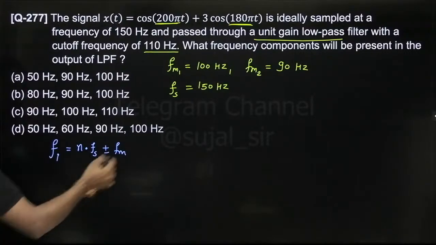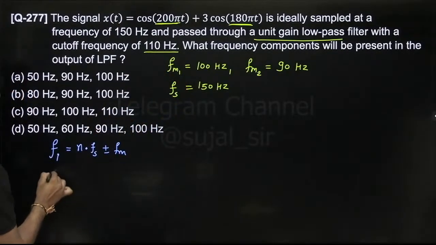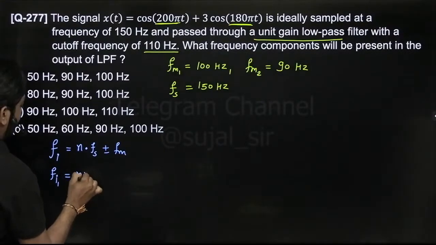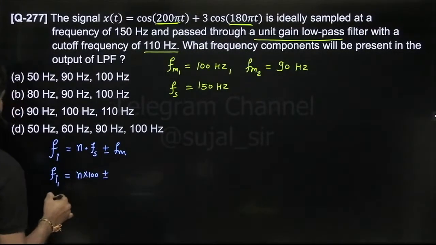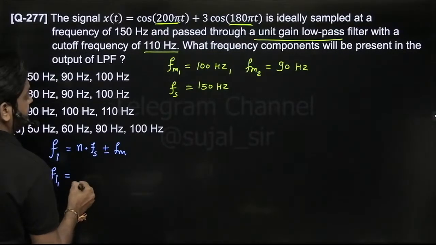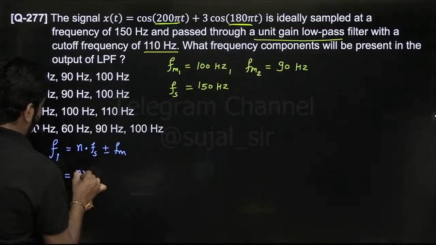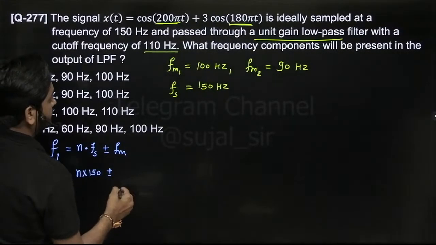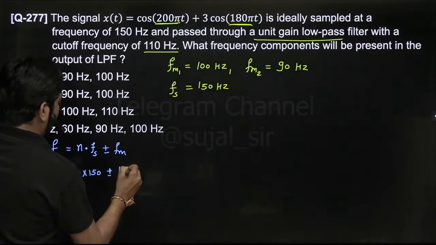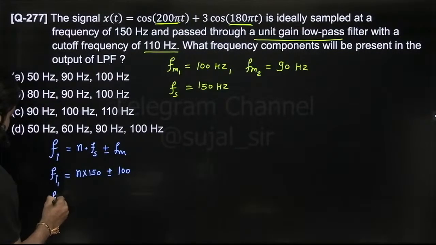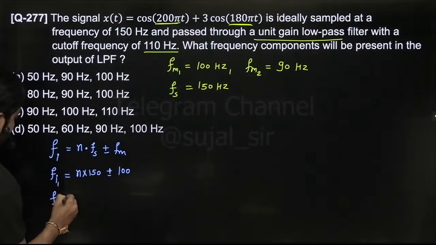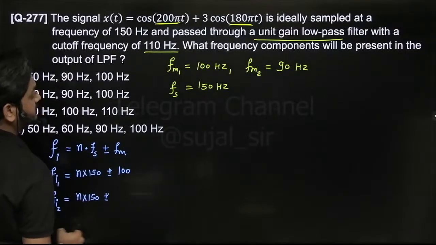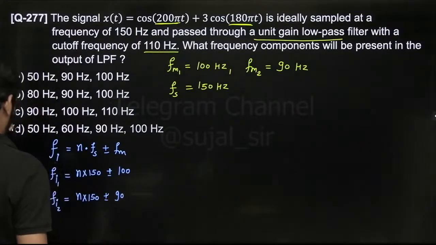So there are two cases because there are two frequencies. Corresponding to 100 Hertz, I am writing Fi1, which is n into 150 plus or minus 100. For the second signal, it is n into 150 plus or minus 90.